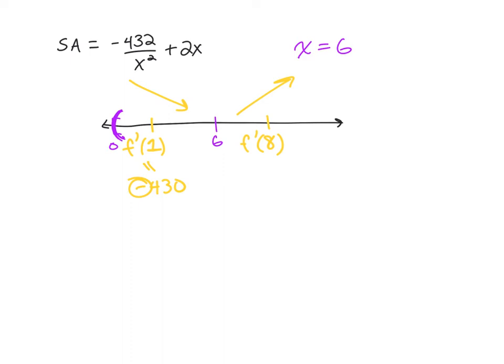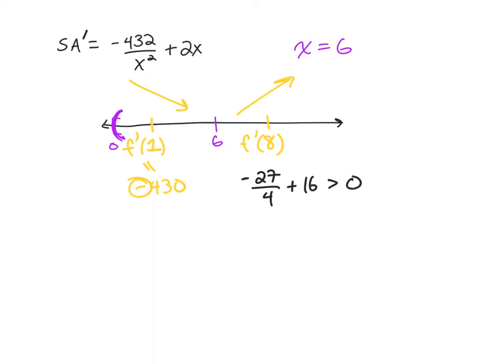Now if we substitute 8 into our derivative, this is the derivative, there we go. And if you substitute the number 8 into this derivative, you'll get negative 432 divided by 64, which simplifies down to, I believe it is 27 over 4, so negative 27 over 4, plus 16.